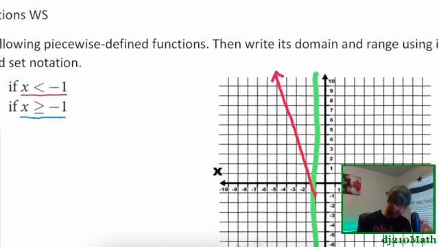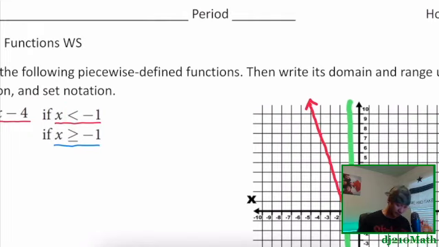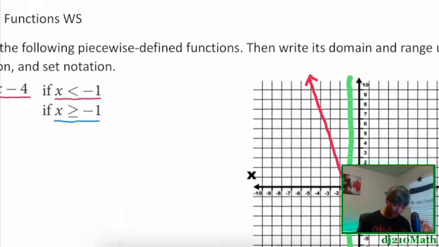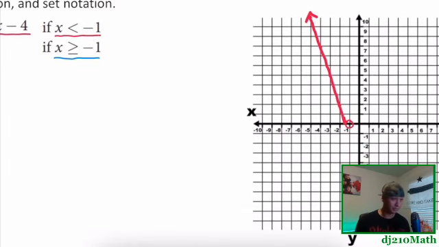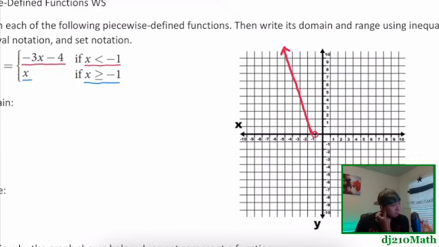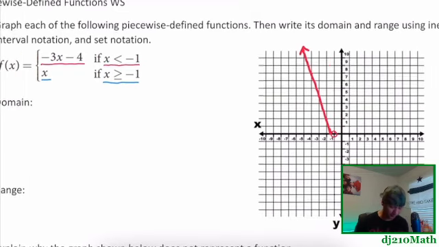And because it's strictly less than, it's going to be an open circle on this green line. So we can technically do away with the green line. I just had that there as a visual so you could see where x equals negative 1 is. Right at x equals negative 1, there's our line. So this is the top part, the first piece of the piecewise function.